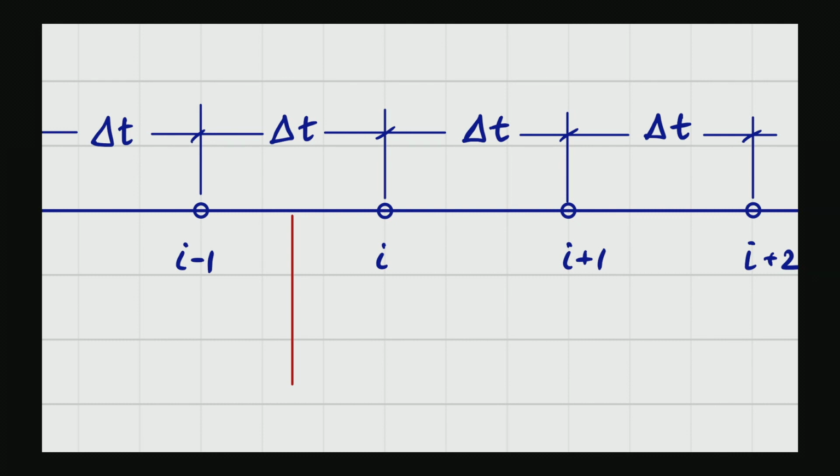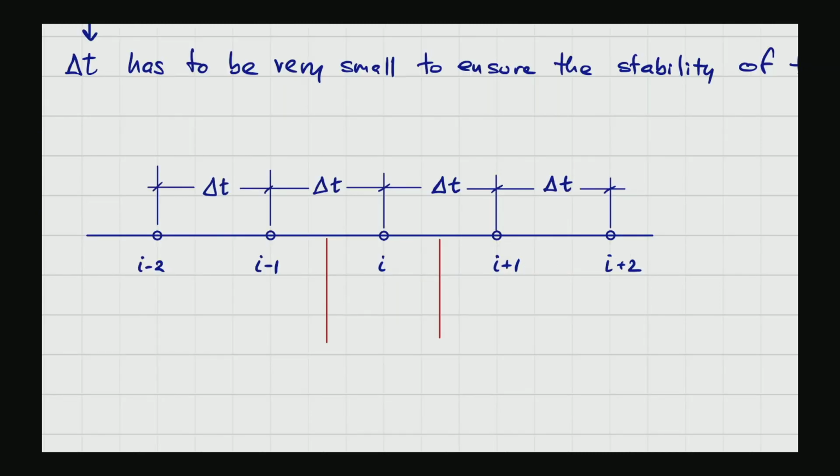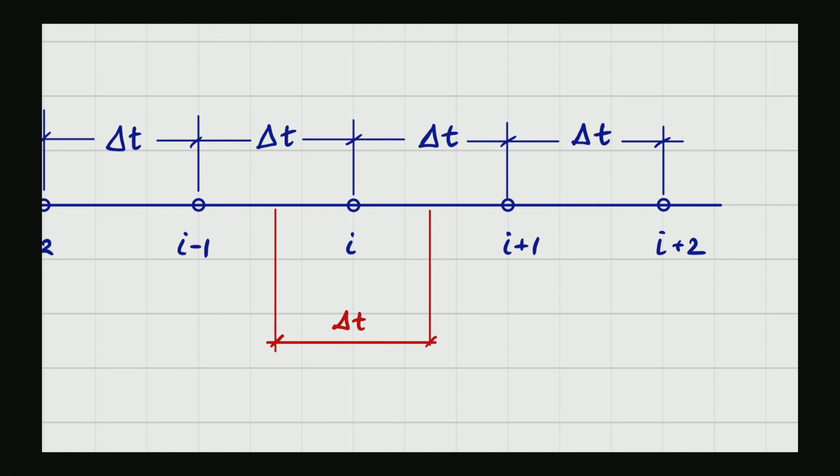So between the i, we're going to call the new names. Over here, the size is still delta t. It's not changed. But at this point here, we are going to call this duration number 1, and this the duration number 2.